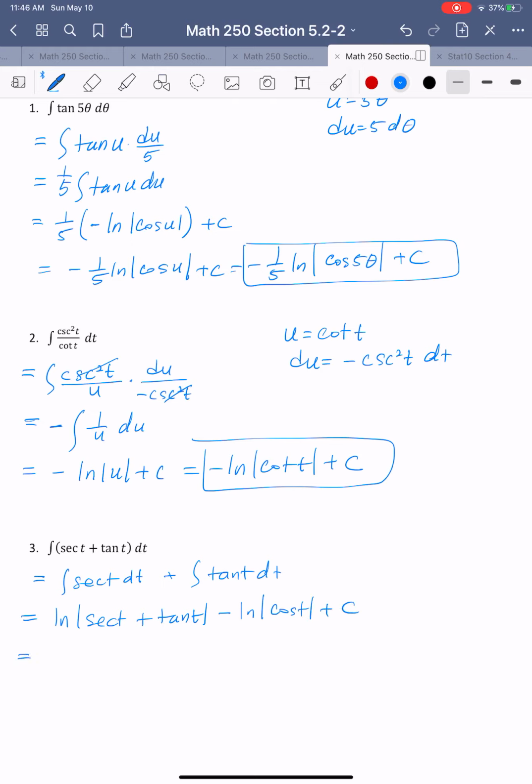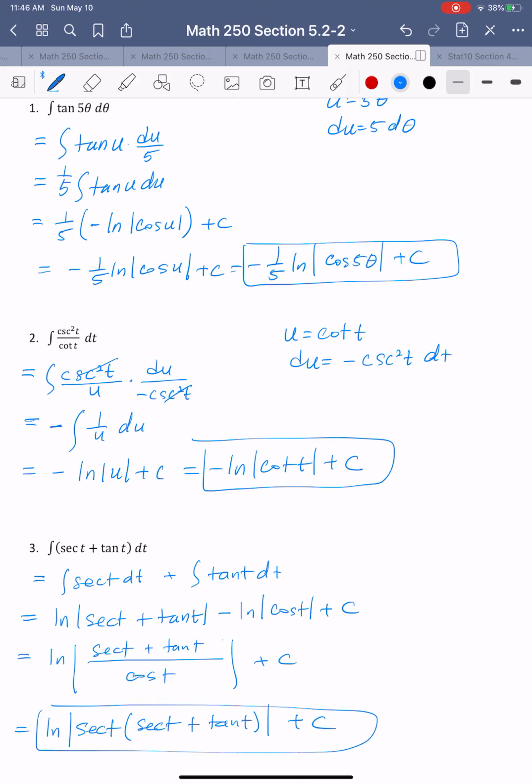Then I use the log rules, so ln makes a quotient with the absolute value. I got ln of secant t plus tangent t over cosine t plus c, and that'll be all. That's okay, but if you go further, instead of the rational expression, you can put secant t. Let me write it down nicely: ln of secant t times secant t plus tangent t, plus c.